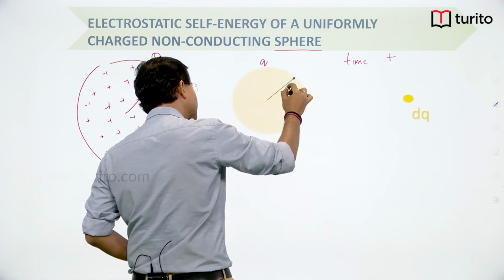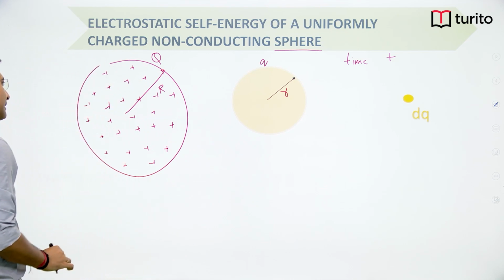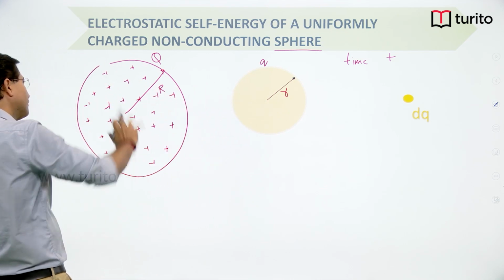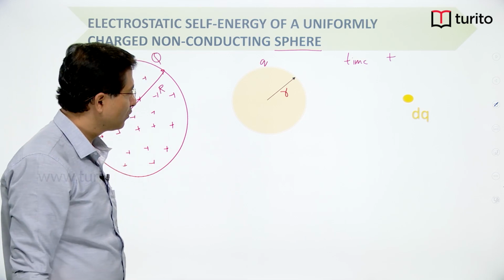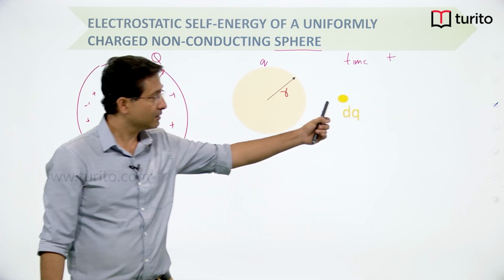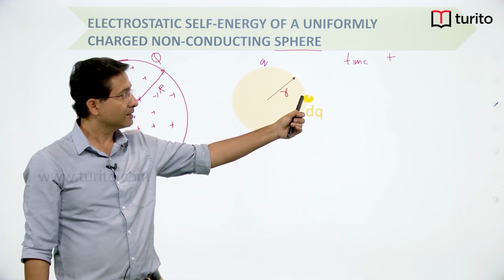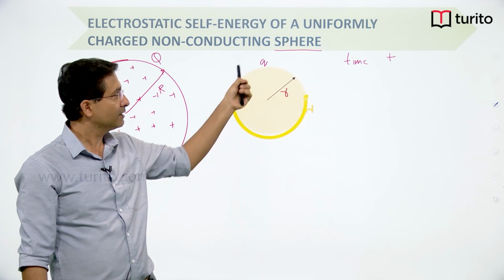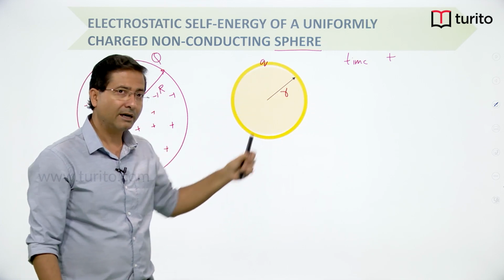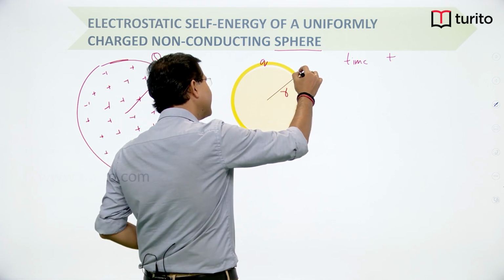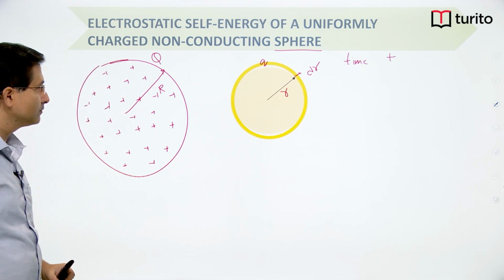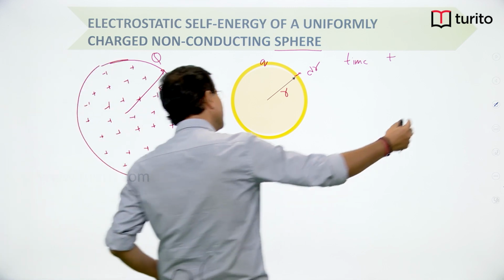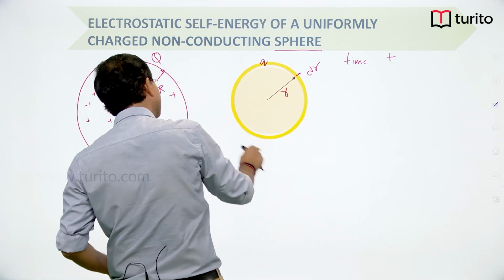Right now the radius is say r, the final radius I want to achieve is capital R, and the final charge on the whole system I want to achieve is Q. So, I am getting this charge from infinity and then distributing it over the surface so that the radius also increases by dr. Same way I will bring another dq from infinity and distribute it further.